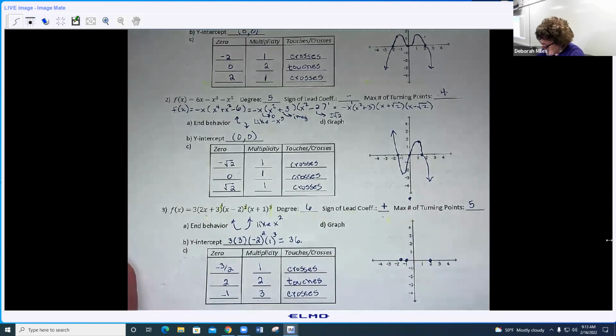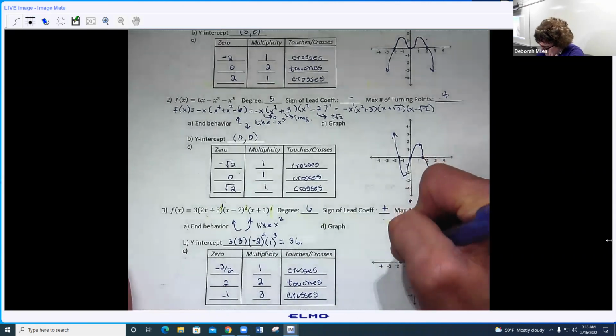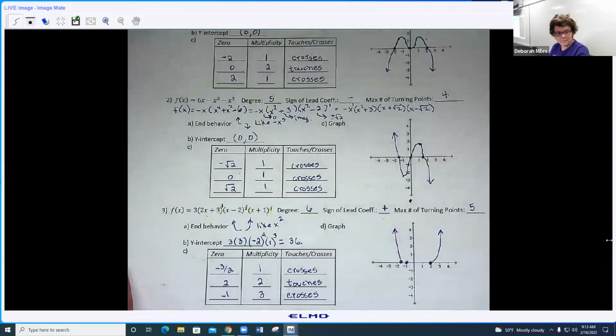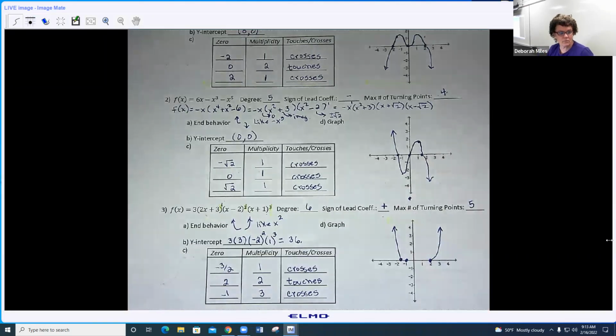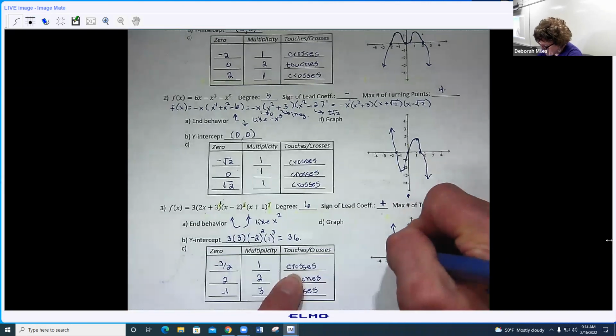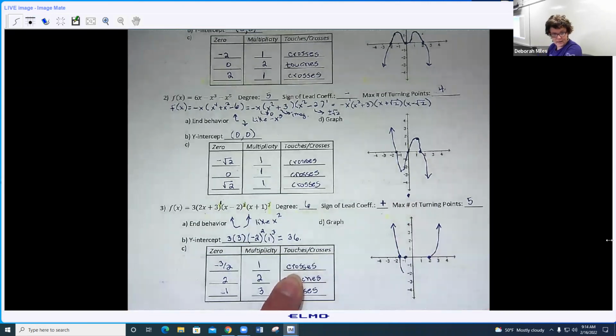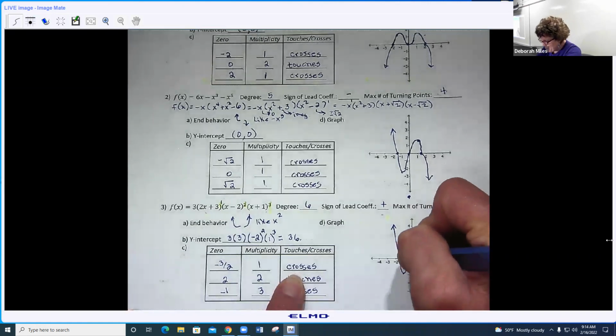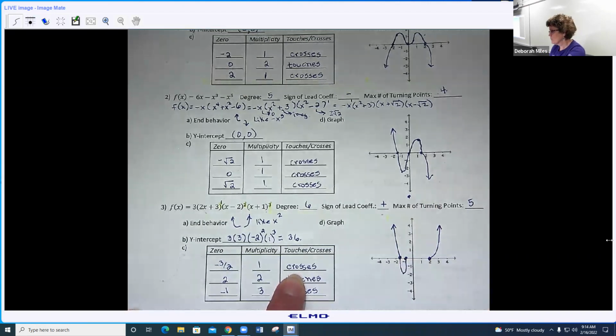Then attach the end behavior. You told me both ends go up. I can do that. You told me the graph crosses the x-axis at -1.5. I don't know how far down it goes, but pretty quickly it has to turn around, come back up to hit that 1.